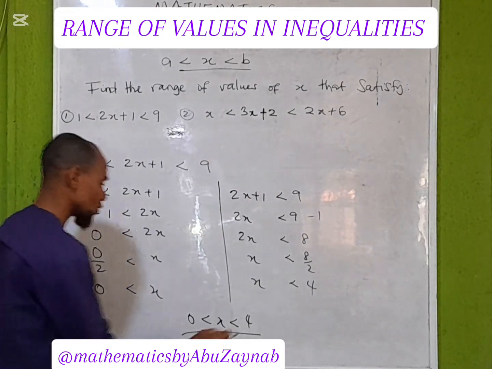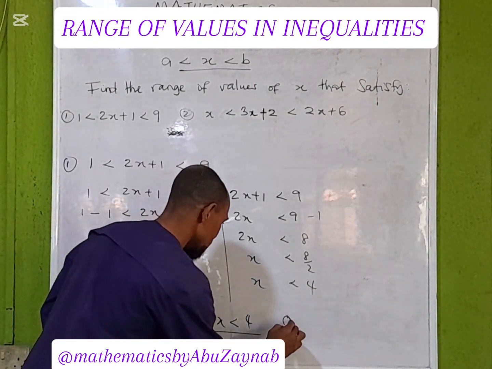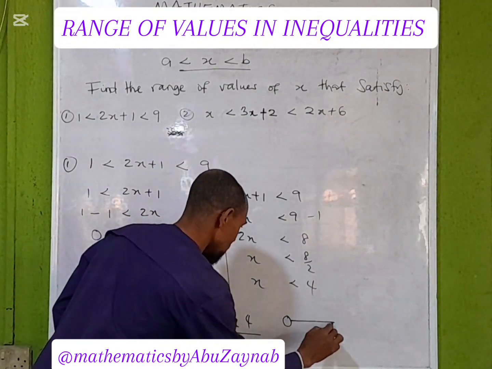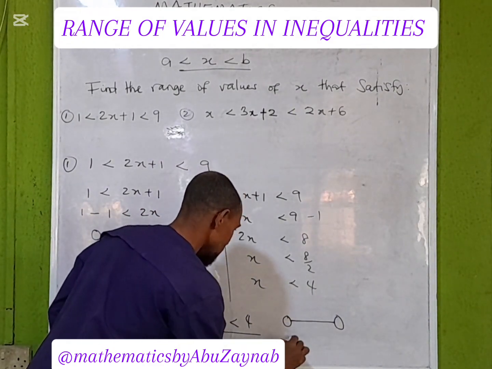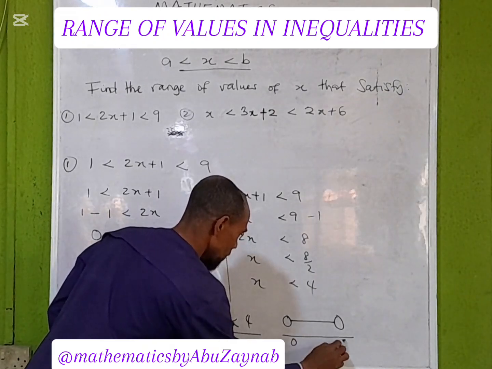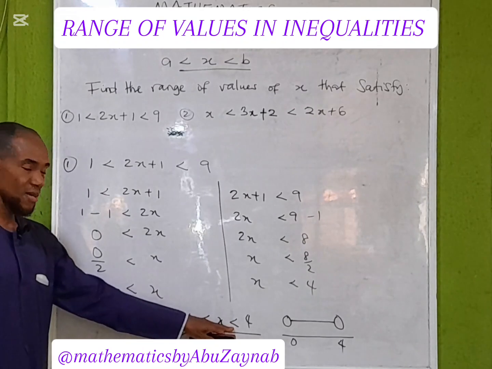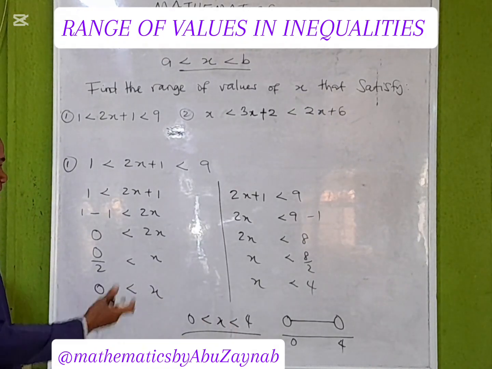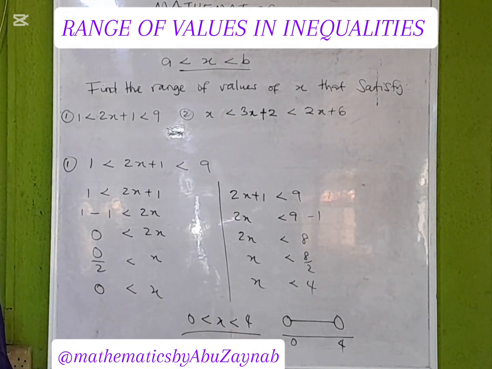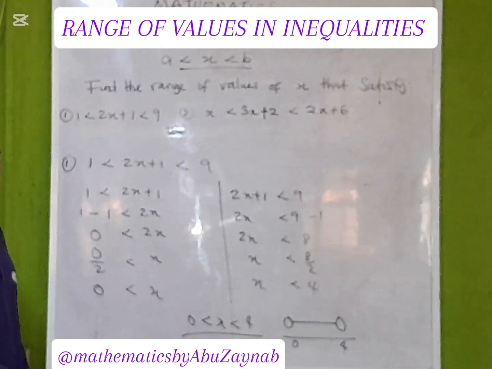If you are to draw this on the number line, you're going to have 0 and 4, both unshaded, because we have simply less than, no equality sign. And that is the solution to question number 1, which I believe is quite straightforward.